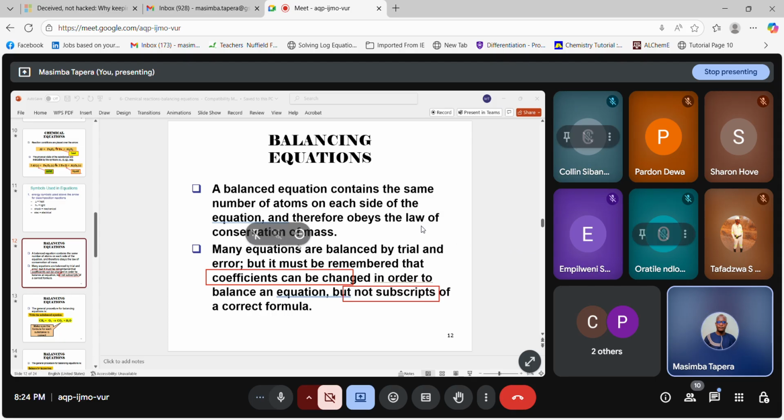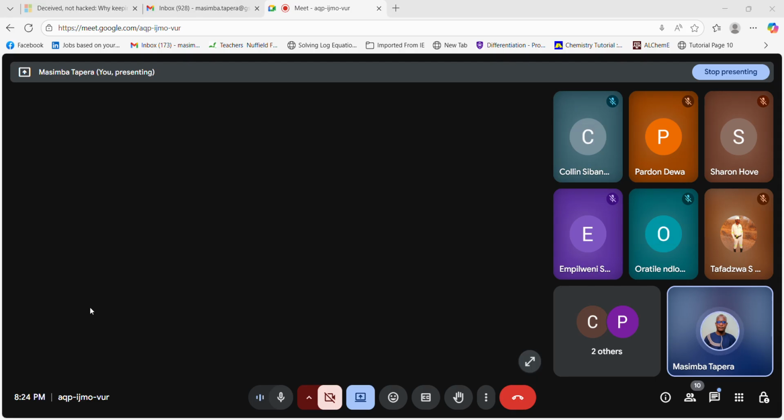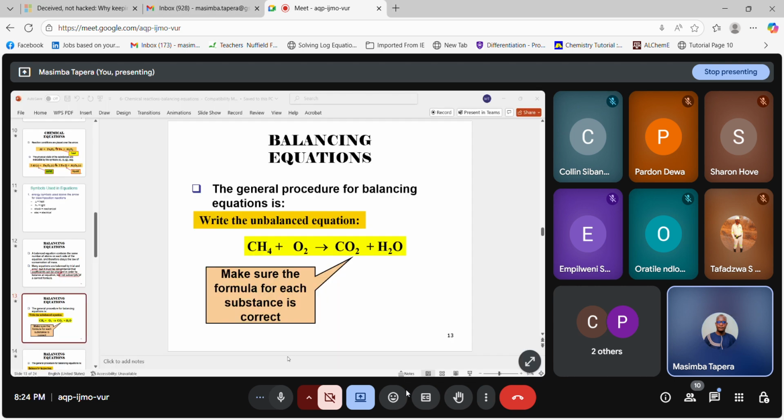I think we can now go straight to a typical example of a chemical equation which is not balanced. Then we will try to balance it. Here is an equation, and we shall outline the procedure for balancing it. Here is an unbalanced equation between CH4, methane, and oxygen. This is a combustion reaction which results in the formation of carbon dioxide and water.